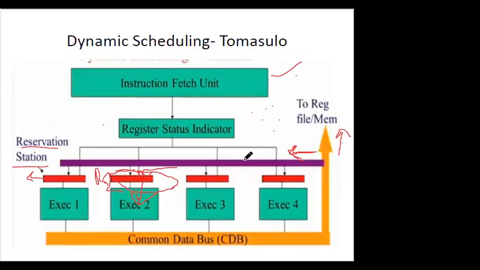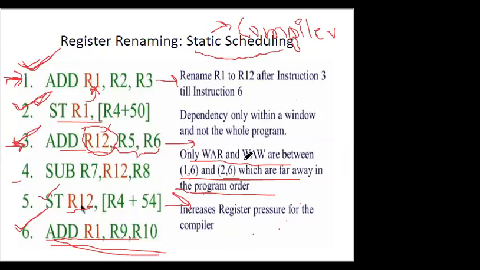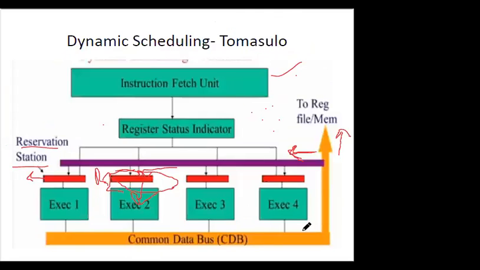It does not follow the sequence, as it would when done by the compiler. So 6 can execute before 1, or 5 can execute before 1, or 3 can execute before 1, as we have seen. We will see through an example how dynamic scheduling is done by the intelligent hardware itself.